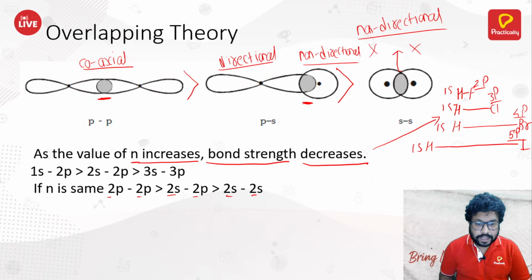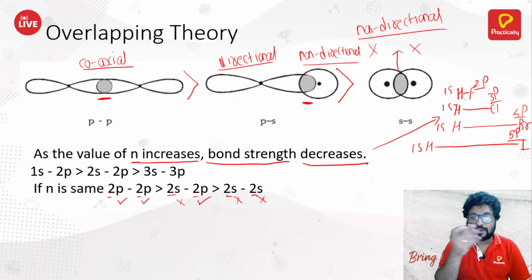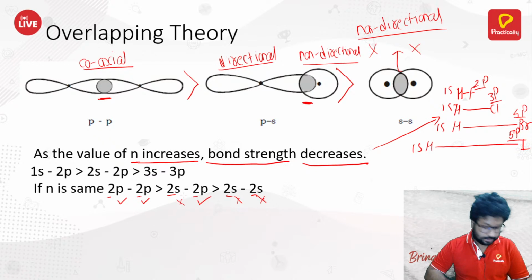Here both are 2p, I mean both are n equals 2, but here the orbital is p. Both are directional, right? Here only p is directional, s is not directional. Here both are non-directional. That is why if the n is same, you need to go for the orbital.